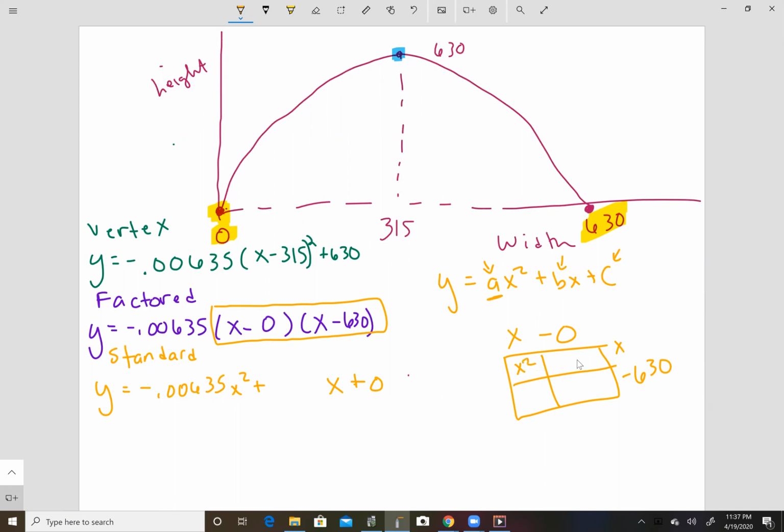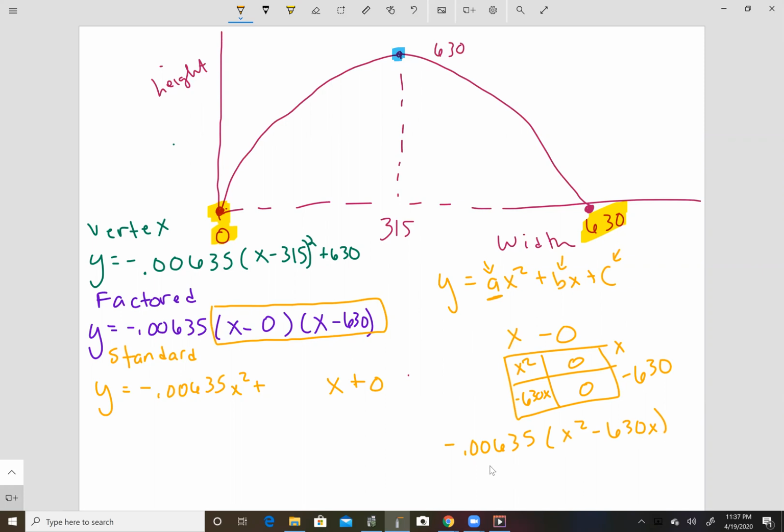So x squared, these are just both going to be 0 because anything times 0 is 0. So this is just negative 630x. So what I have is negative 0.00635 times, instead of those two factors, I have x squared minus 630x.